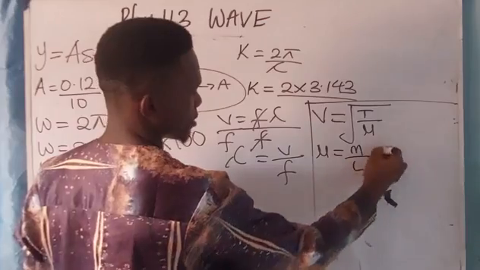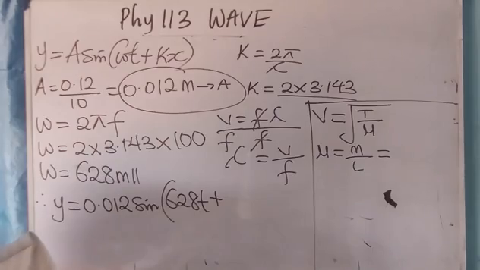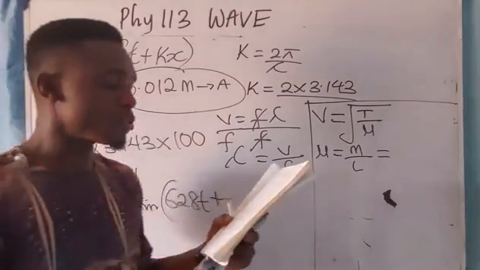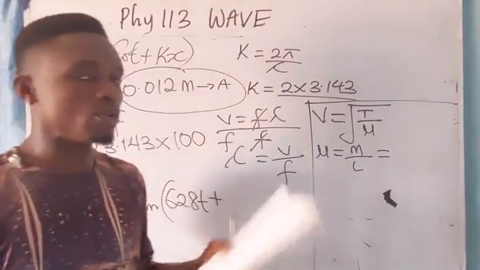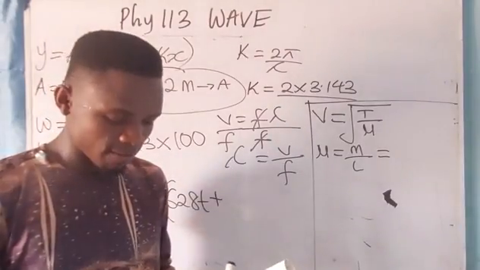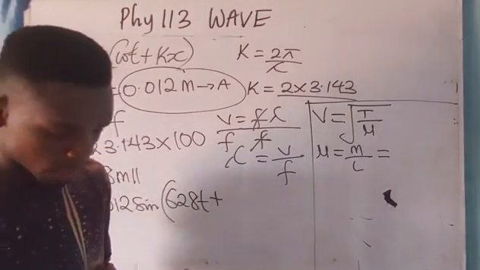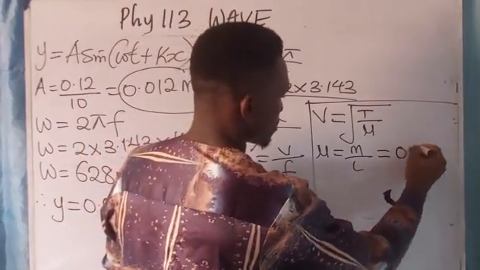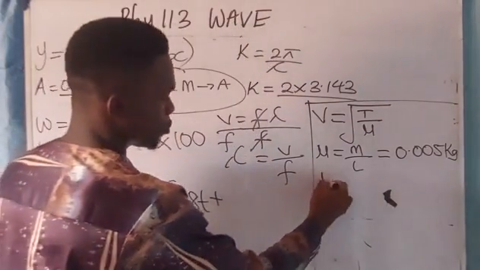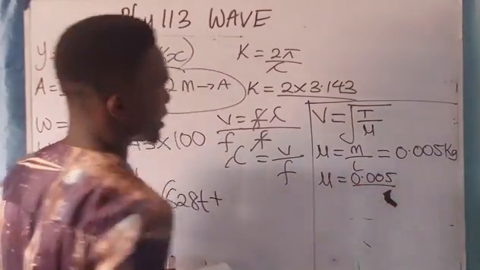From the question they gave us mass in gram, so the right thing to do is convert to kilogram: 5 divided by 1000, which is 0.005 kilogram.